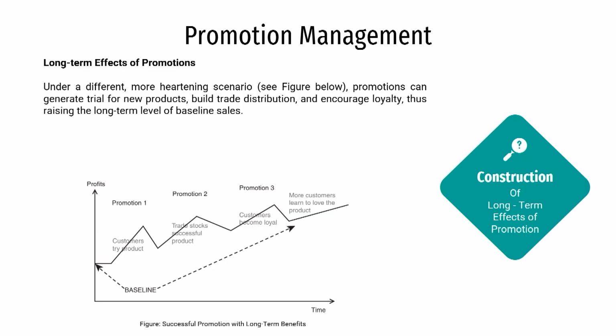Then the company will come up with promotion number 2, and with that promotion probably the customers repeat the purchase of that brand or product and become loyal customers. Then the company might again come up with another promotion which will result in more customers learning to love the product or the brand. So, this is a more optimistic scenario.